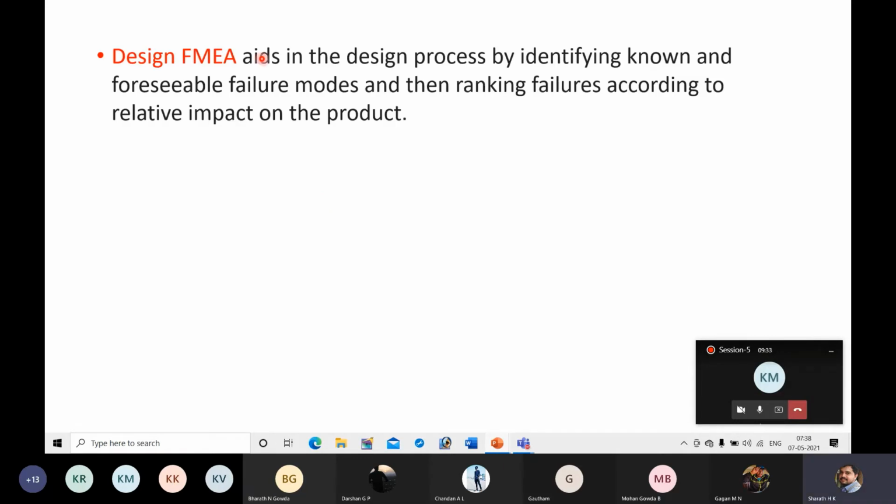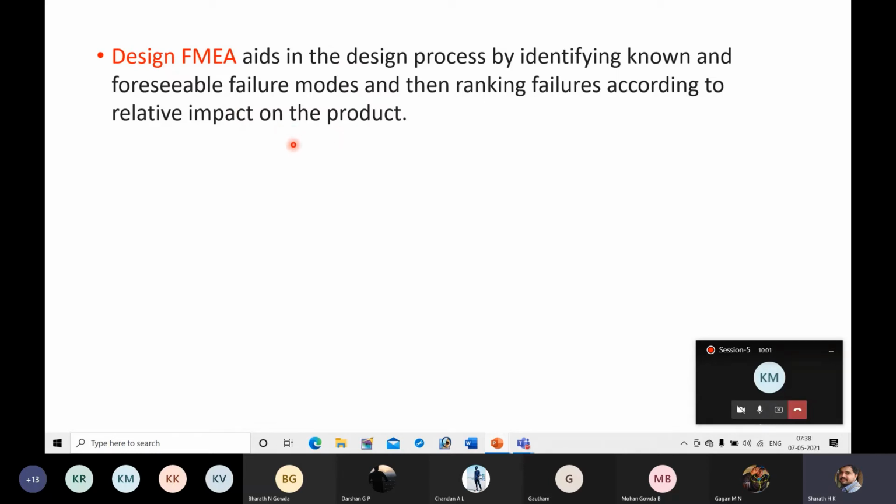Next, design FMEA. That means it is related to the design process. Design failure mode and effect analysis aids in the design process by identifying known and upcoming failure modes, and then ranking failures according to relative impact on the product. During the design stage itself, the designer may commit a lot of mistakes. While designing, he has to keep in mind the functionality of the product.